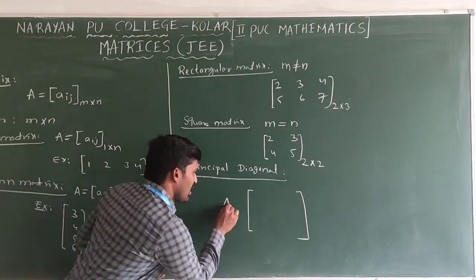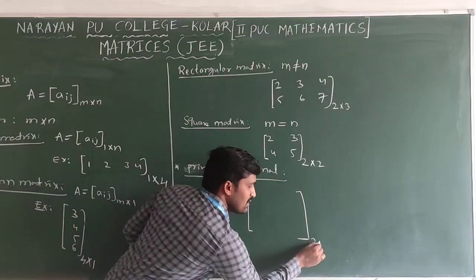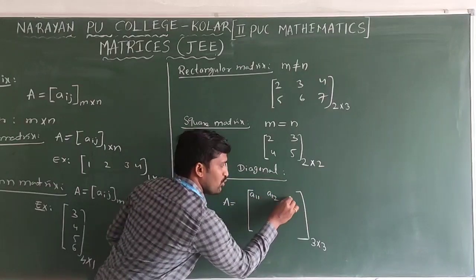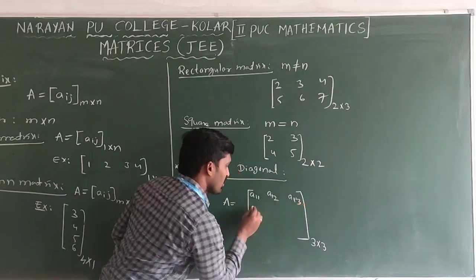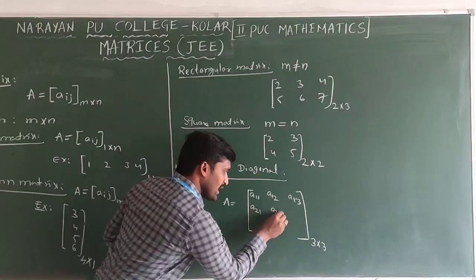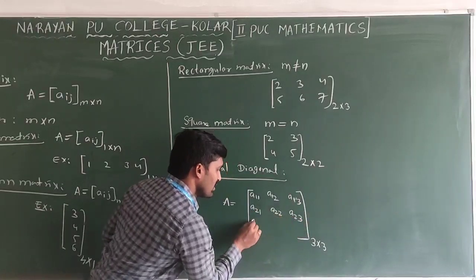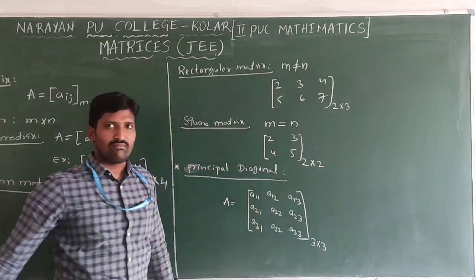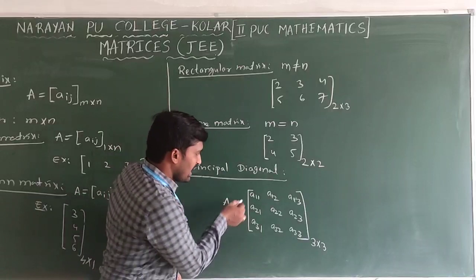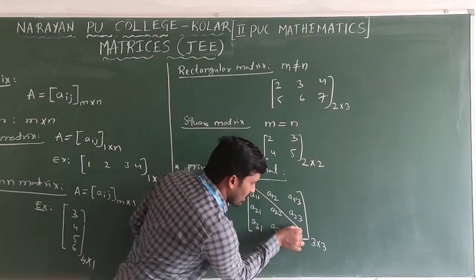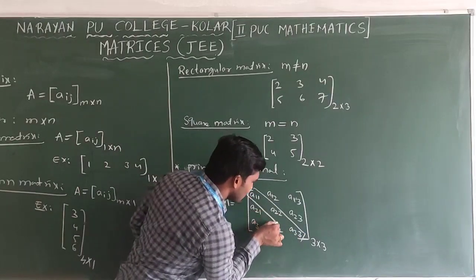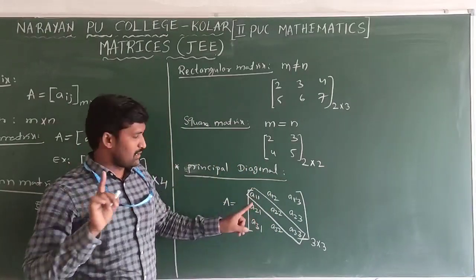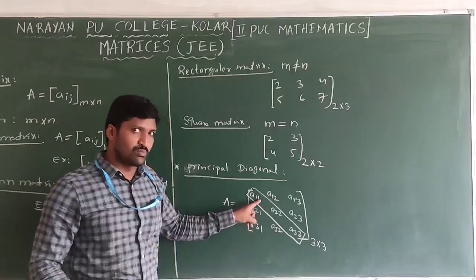For example, I will take a 3 by 3 matrix in general form: A11, A12, A13, A21, A22, A23, A31, A32, A33. In this, the elements lying along the diagonal of the square matrix clearly have row and column position both the same.